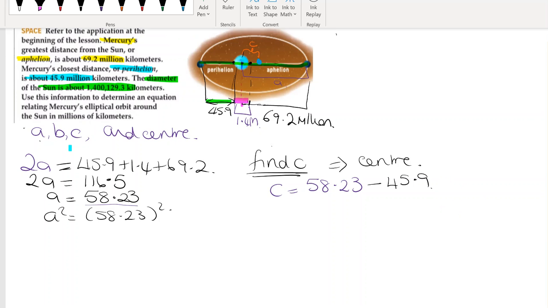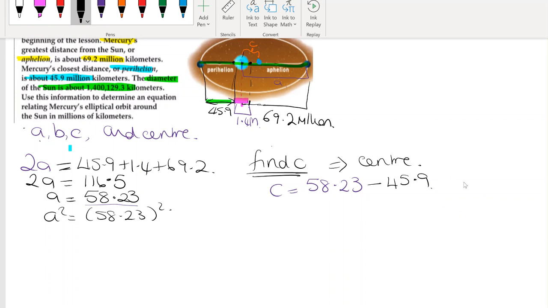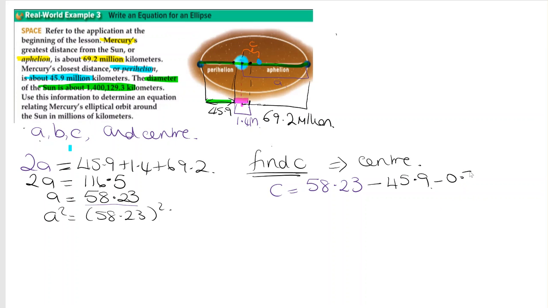So we're going to minus 1.4 divided by 2, which is 0.7. And this is going to give us 11.67. So c squared will be 11.67 squared.